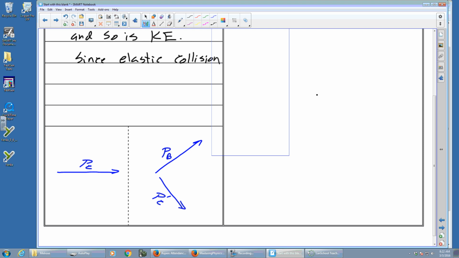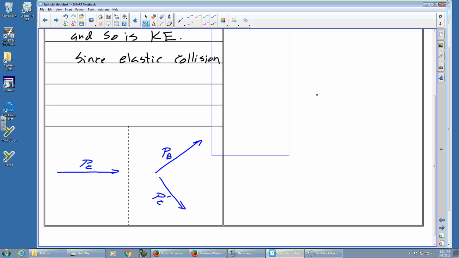Since we have only momentum in the x direction beforehand, once they hit, suddenly the black ball has momentum not only in the x direction, but also in the y direction.